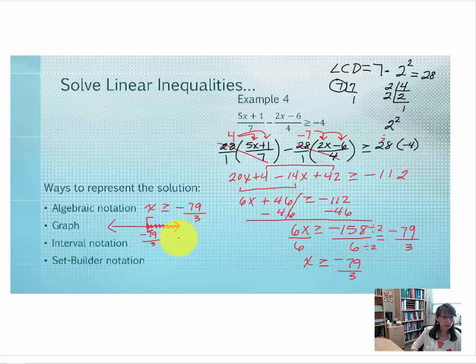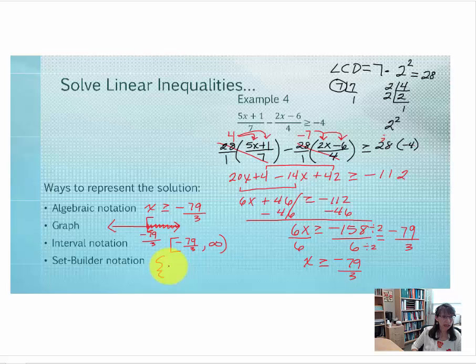So the interval would be bracket negative 79 thirds all the way to positive infinity with a parenthesis. So remember, whether it's negative or positive infinity, we're always using a parenthesis. I use a bracket for this number portion if an equal sign is included in the inequality.